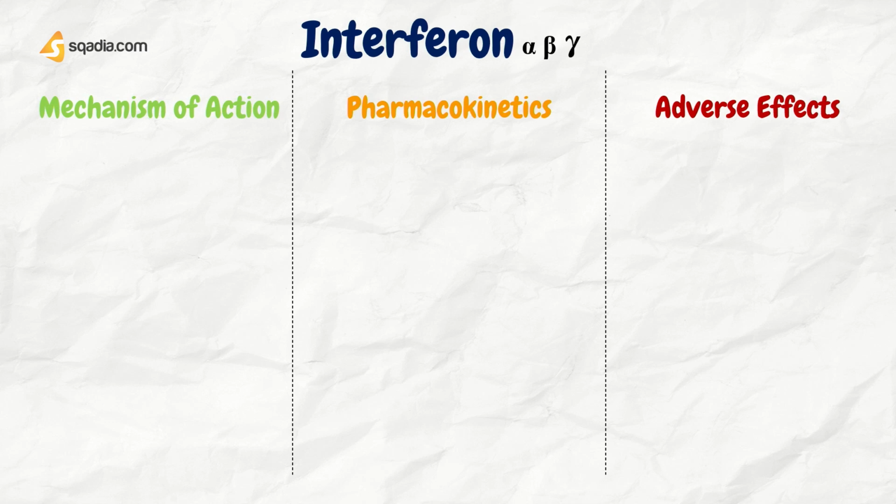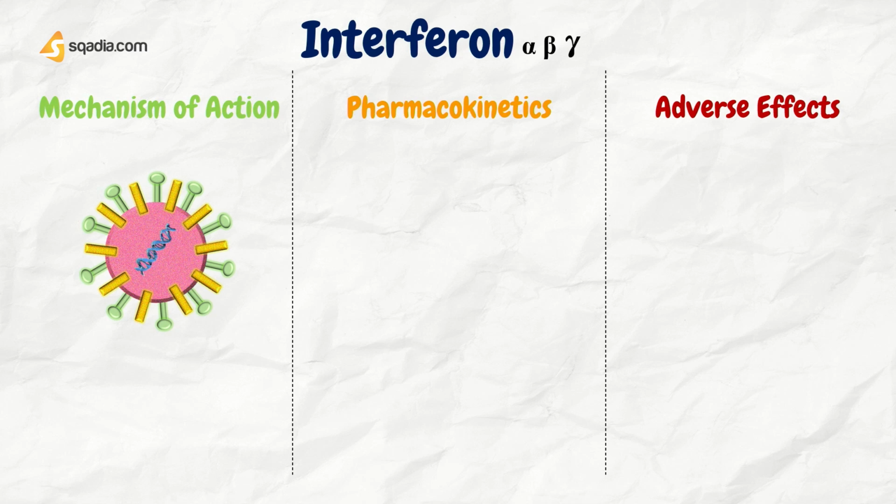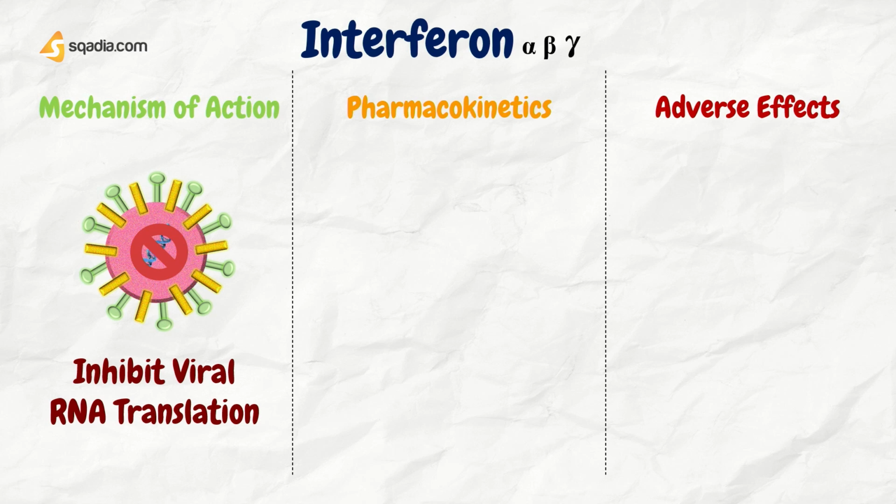But if we generally talk about their mechanism of action, the antiviral mechanism is incompletely understood, but it appears to involve the induction of host cell enzymes that inhibit viral RNA translation. That is ultimately leading towards the degradation of viral messenger RNA or transfer RNA. So basically, the translation of viral RNA is going to be inhibited.